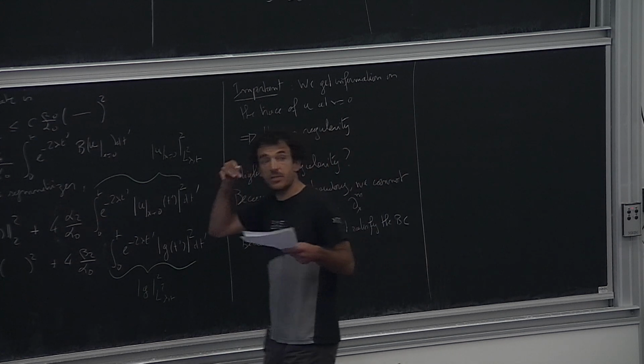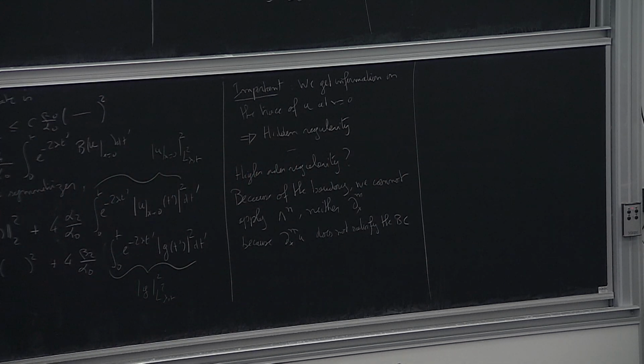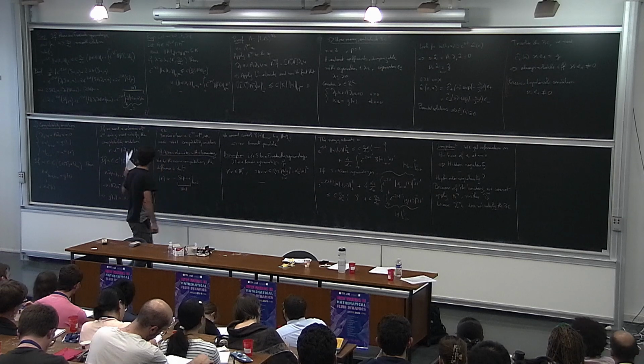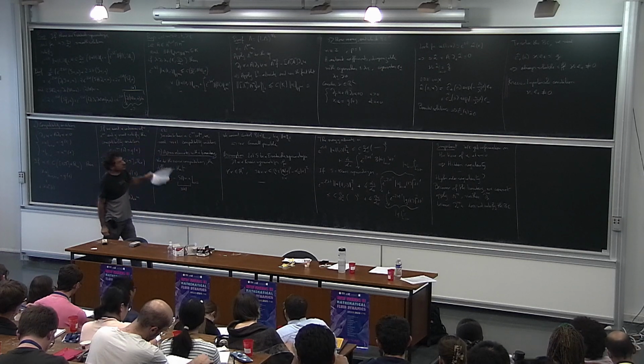The boundary condition, you can differentiate it tangentially, but not normally to the boundary. And dx is normal to the boundary. So this proof of regularity does not work.